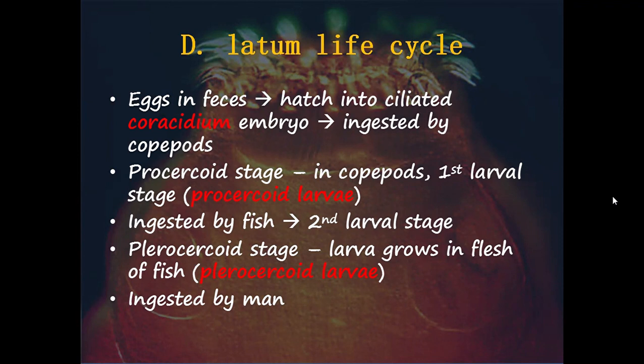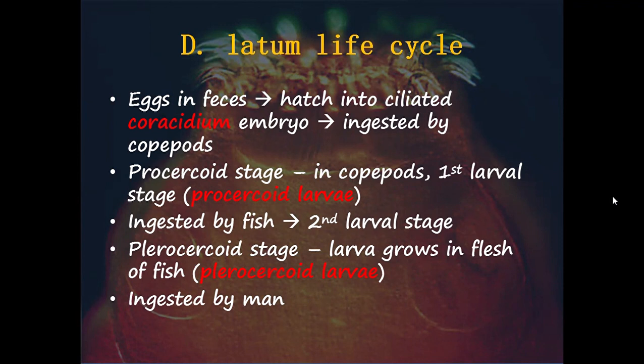So the first intermediate host of D. latum is a copepod, and the infective stage for copepods is a coracidium. Within the copepods, they will mature to form the procercoid larvae.